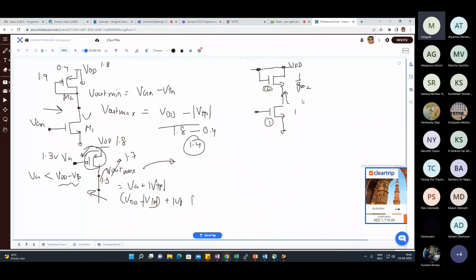So the upper swing in this case is also VDD minus VT. Ultimately this is VDD, and the maximum voltage over here is going to be VDD minus VT.